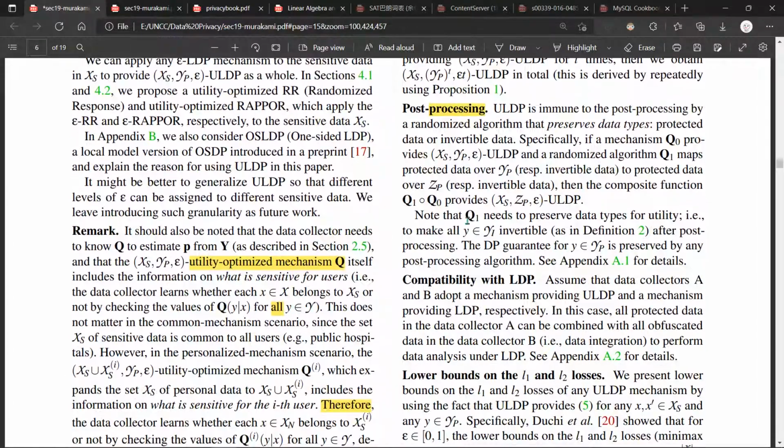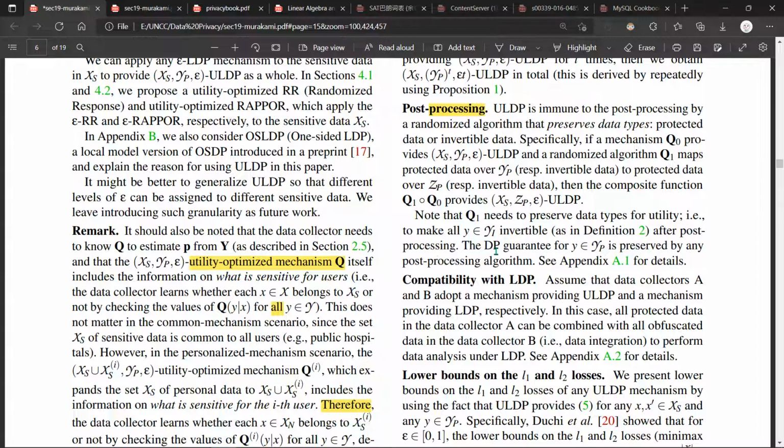And note that Q1, the randomized algorithm that maps the protected data, needs to preserve data types for utility. That is to say, to make all of this invariable after post-processing.